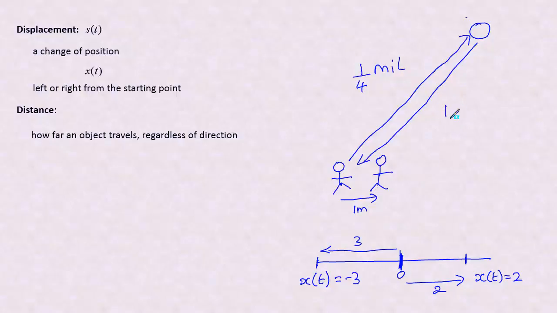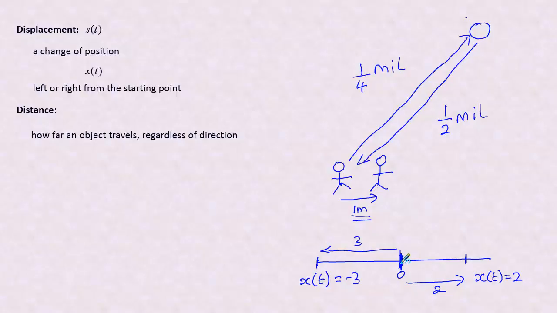So distance, I've travelled about 500,000 miles, but when I get back to the classroom and stand here, and the class is still waiting for me obviously, then my displacement will be 1 meter, because that's how far I am from the start point. This difference between displacement and distance is sometimes hard to understand, but hopefully this helps.